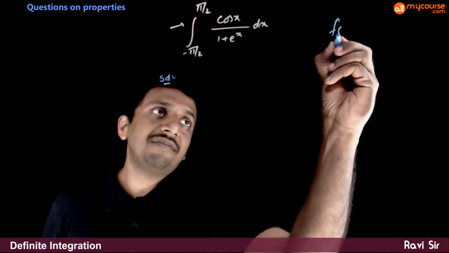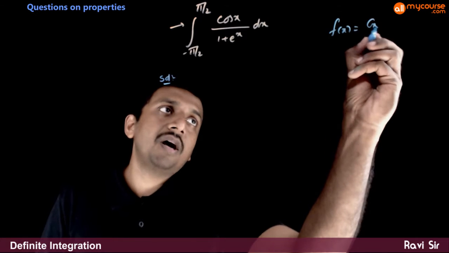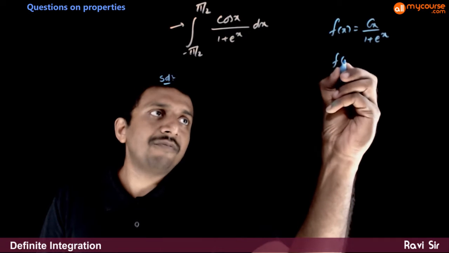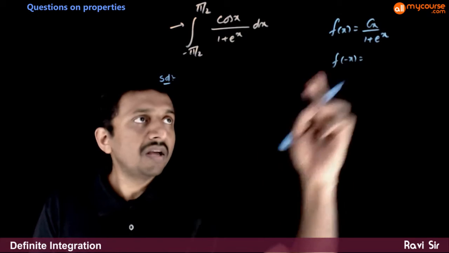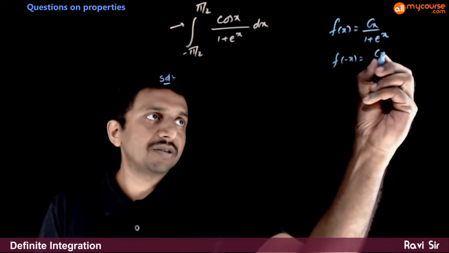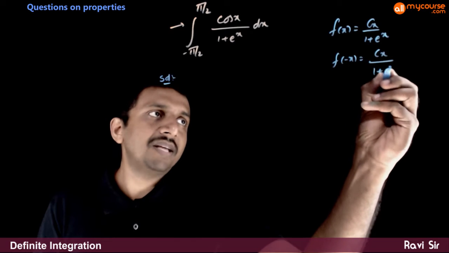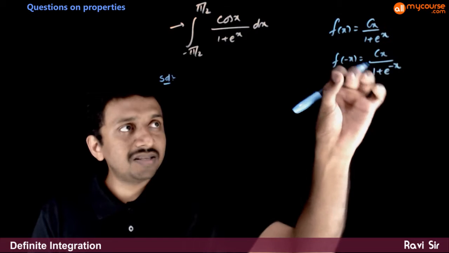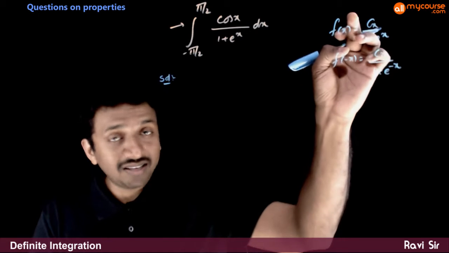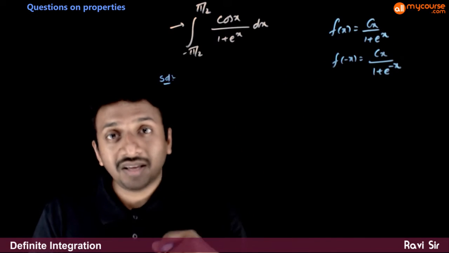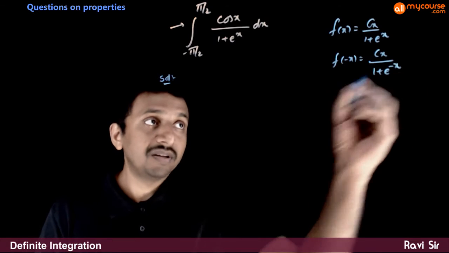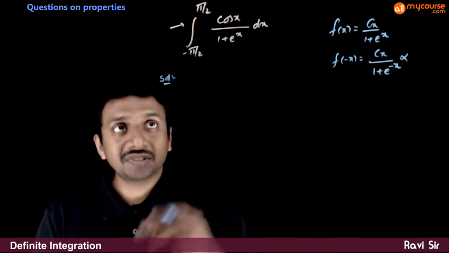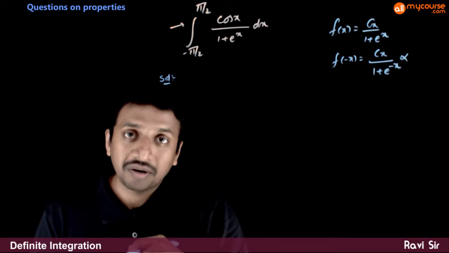If I take f of x equal to cos x by 1 plus e power x, f of minus x is equal to cos of minus x, which is the same as cos x, by 1 plus e power minus x. As you can see, f of minus x is neither equal to f of x nor equal to minus f of x. So this function is neither even nor odd.